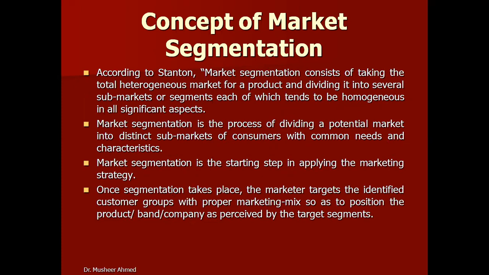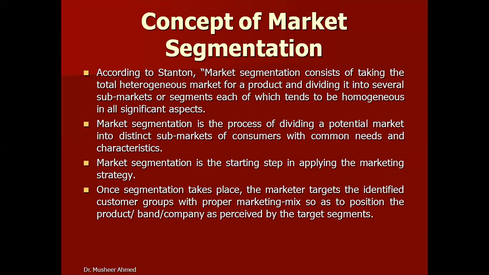Now, according to Stanton, market segmentation consists of taking the total heterogeneous market for a product and dividing it into several sub-markets or segments, each of which tends to be homogeneous in all significant aspects, right?